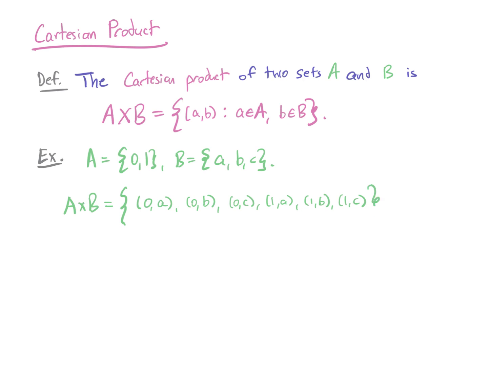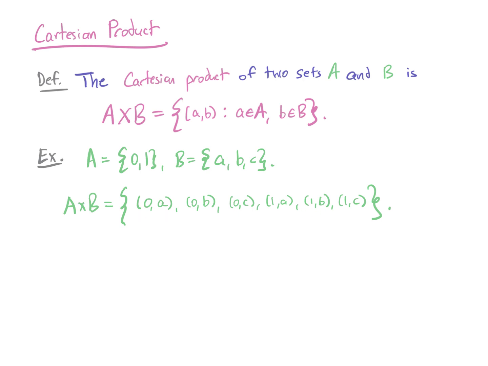And then I close this off with my curly braces. So here, everything inside the Cartesian product is not an element of A, it's not an element of B, it's a pair of things. It's a tuple, if you will, a two-tuple.